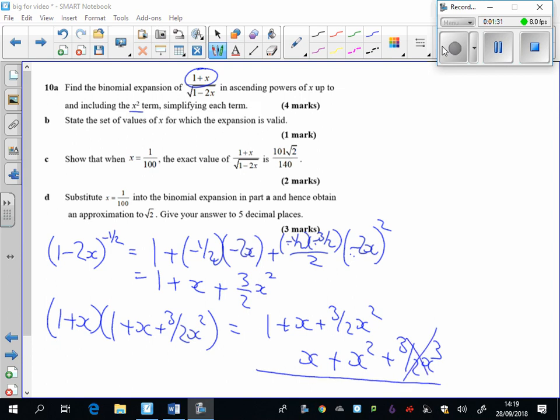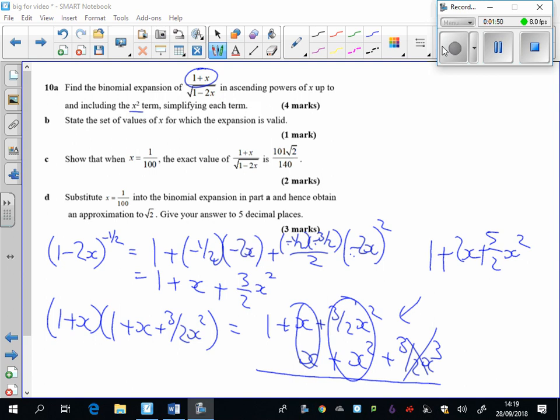Don't want the x cubes because I only want to go up to the x squared, so the grand total of all of this is 1 plus 2x, and then I've got 5 over 2, 2.5 x squared. And we're getting 4 marks for that part there.